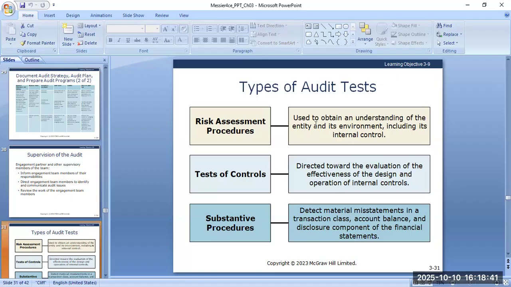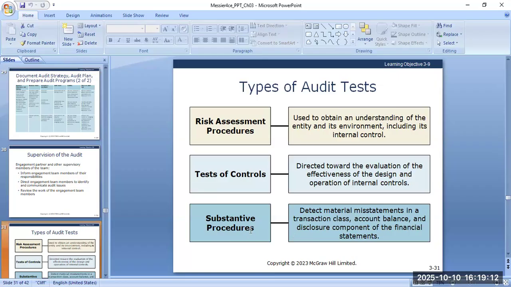internal control. So on the first one, we obtain an understanding of the internal control. On the second one, we evaluate the effectiveness of the design and operation of that internal control, if there is internal control. And the substantive procedures will be directed at material misstatement in transaction classes, account balances, and disclosure components of the financial statements.